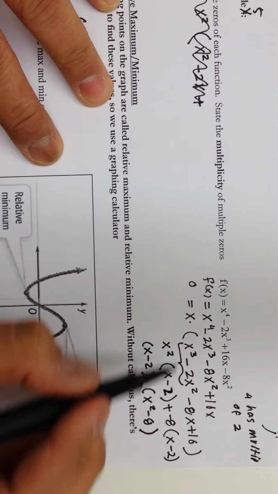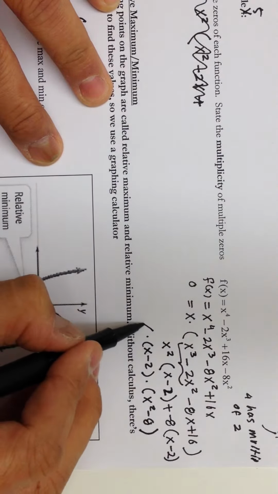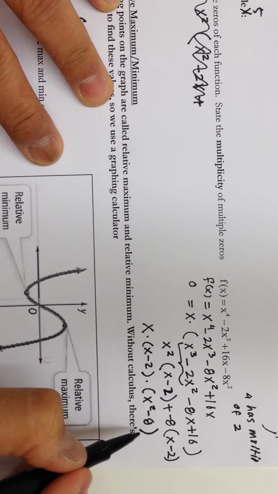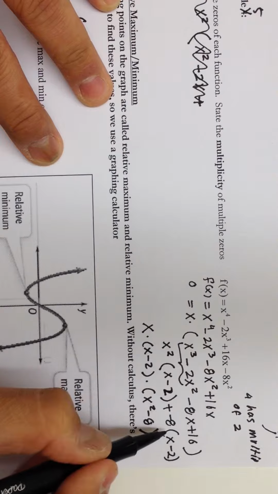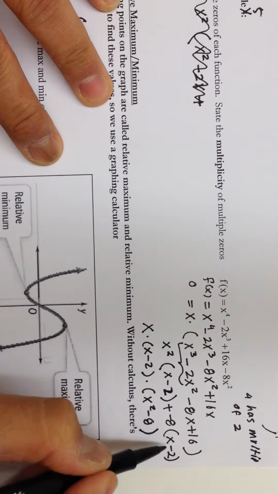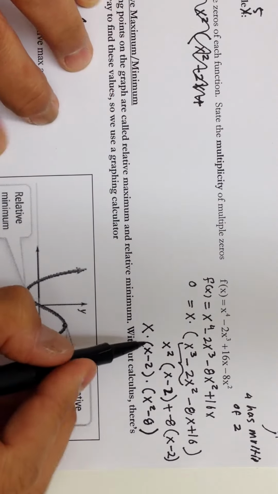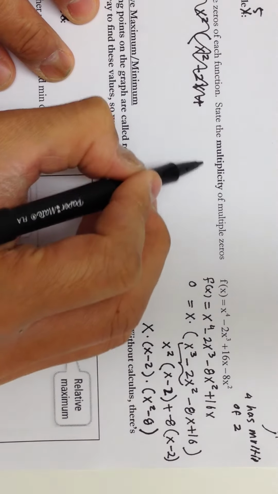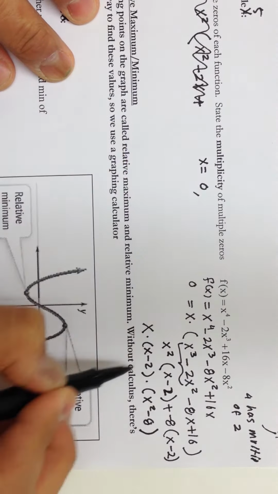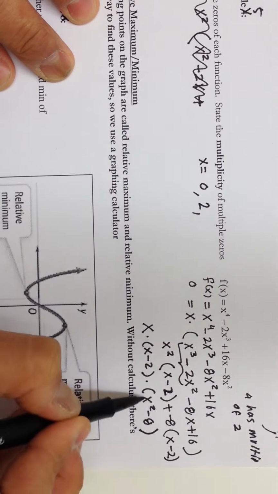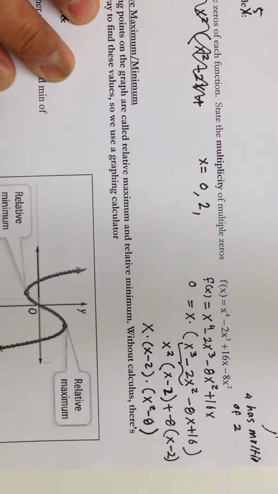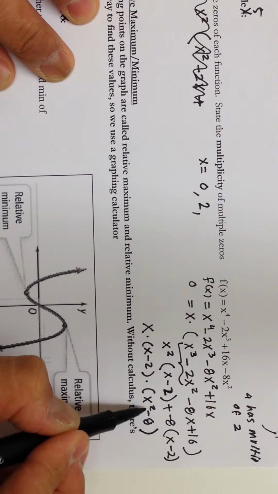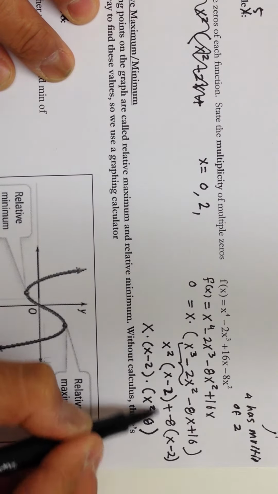Alright? And then you have an x down here. So the zeros are going to be x equals 0, x equals 2, and then for the last one you have to solve for this factor by setting it equal to 0 and then taking the square root.